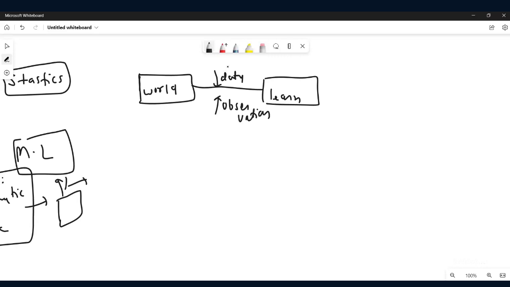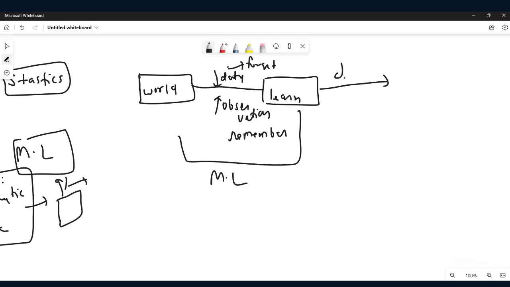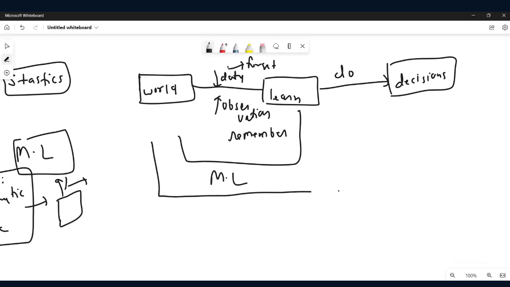With time we forget about this data, we remember the observations. This is called machine learning, and then from this learning we make decisions. This complete process is called AI.